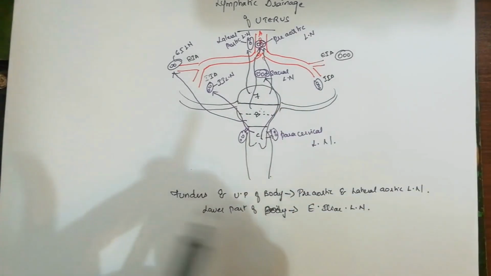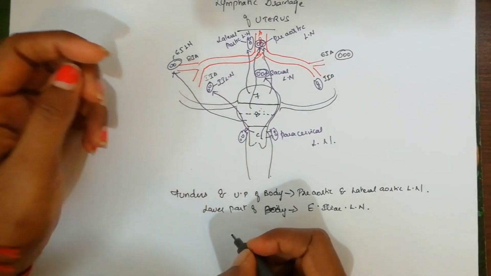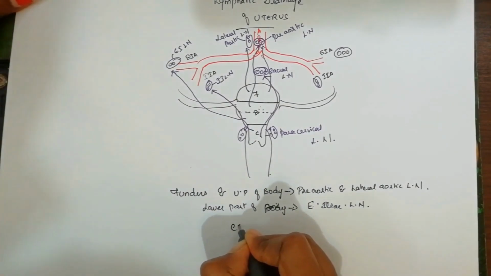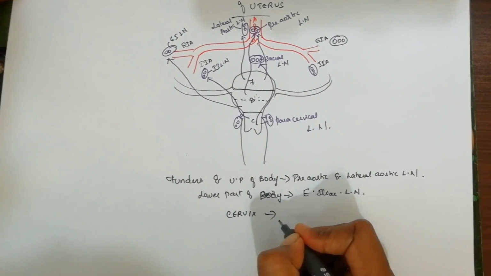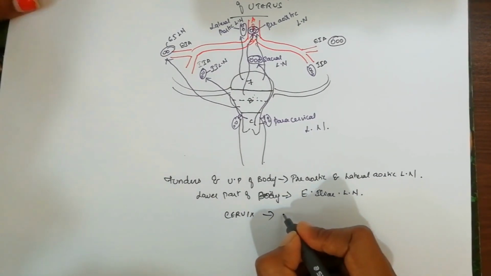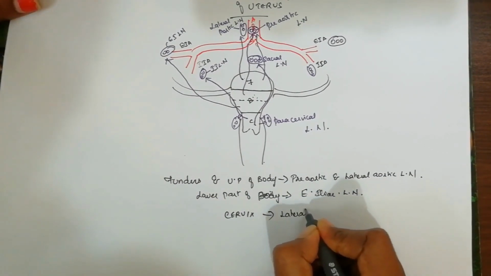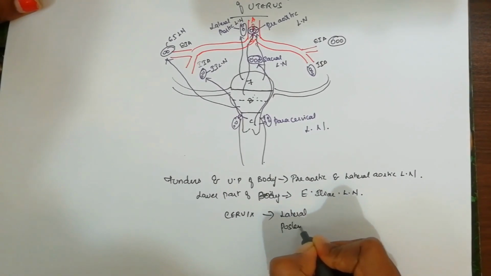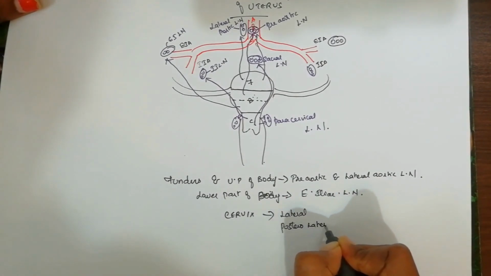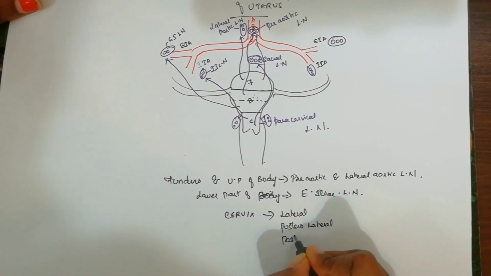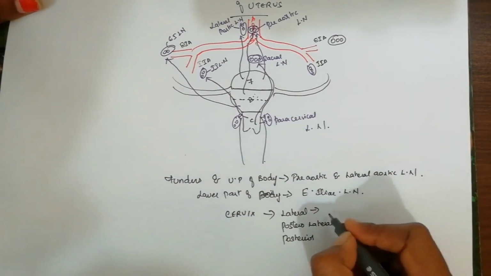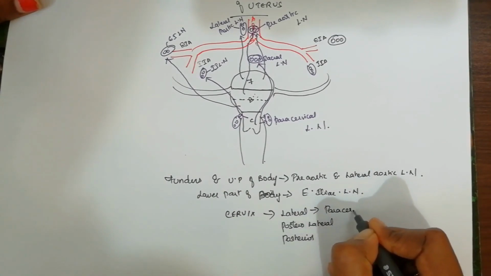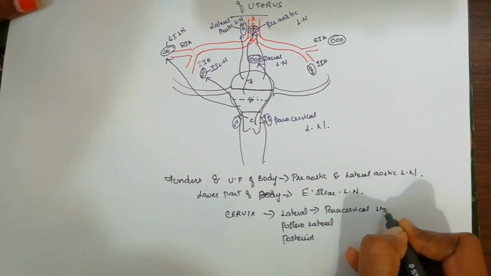So I will summarize again. We are talking about the cervical region. About the cervix, we have the drainage in three parts: one is lateral, another is posterolateral, another is posterior. The lateral one gets drained into paracervical lymph nodes.